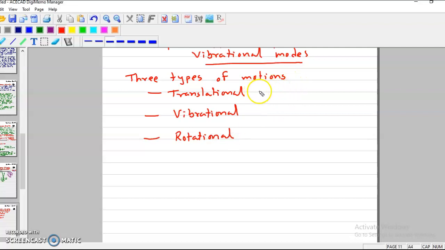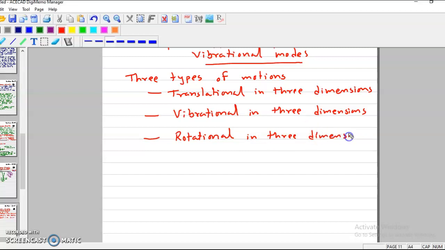And each one will be in 3 dimensions. Translational motion in 3 dimensions, similarly vibrational motions in 3 dimensions, and rotational motions also in 3 dimensions.